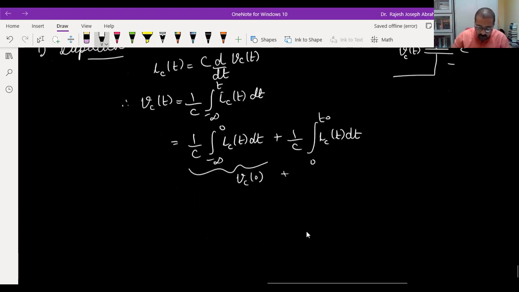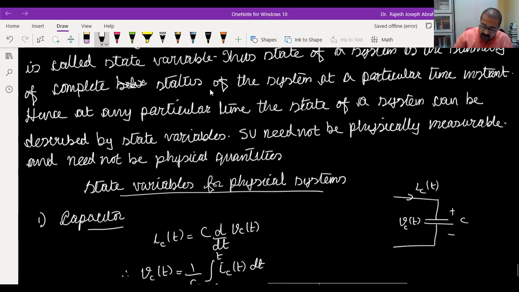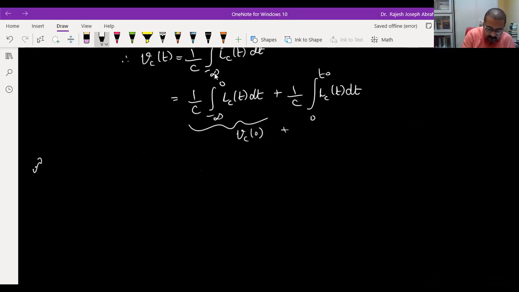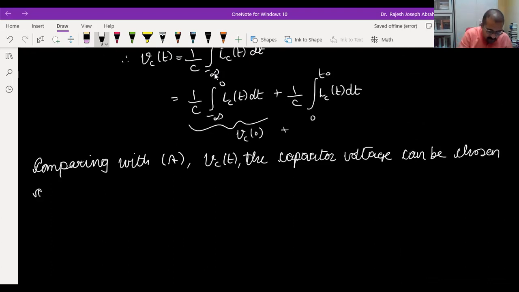So comparing with equation A, VC of t, the capacitor voltage, can be chosen as a state variable.